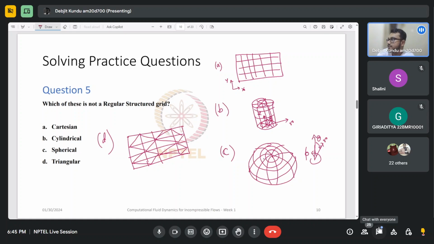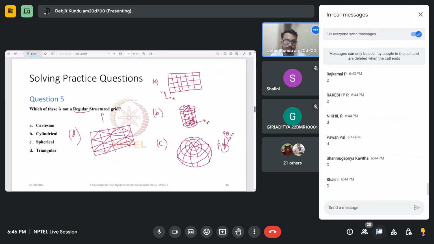So which of these is not a regular structured grid? All of them are structured nonetheless. Which of these are not regular? That is the question. Is it option A, Cartesian, option B, cylindrical, option C, spherical, or option D, triangular?